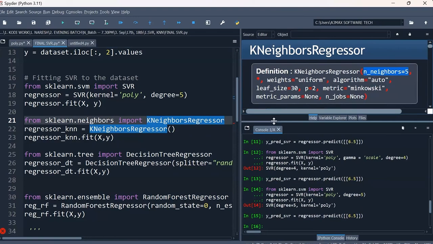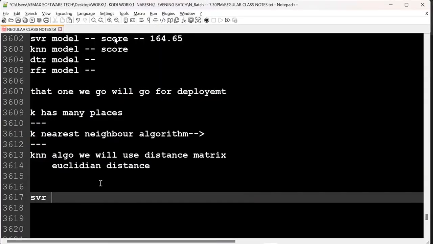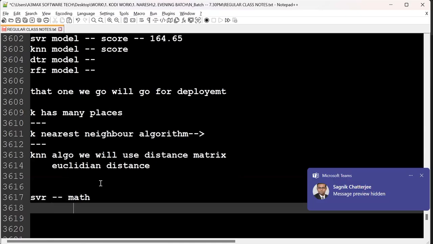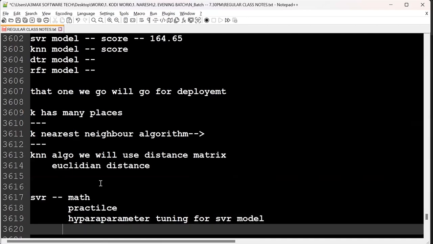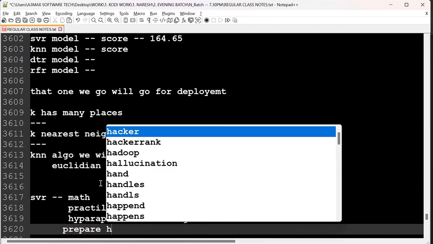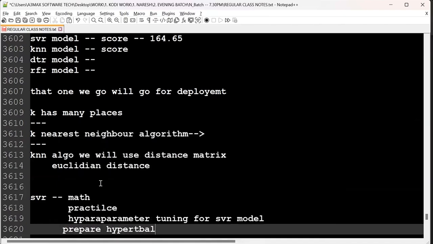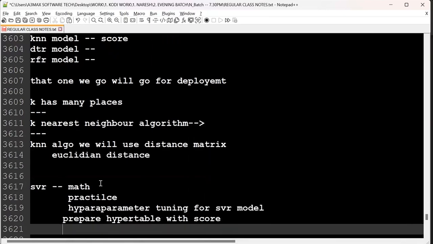So online team, do you understand, or can we discuss tomorrow, or shall we finish it? What do you want? Can we close today? The first thing, SVR: we understand the math for SVR, and then we build a practical, and we do hyperparameter tuning for the SVR model, and I give a small task to prepare a hyperparameter table with scores. You have done this, guys.